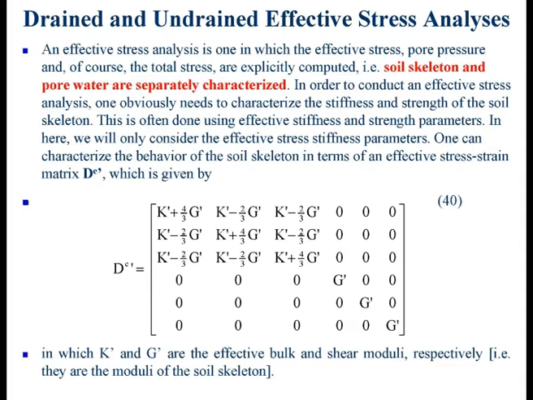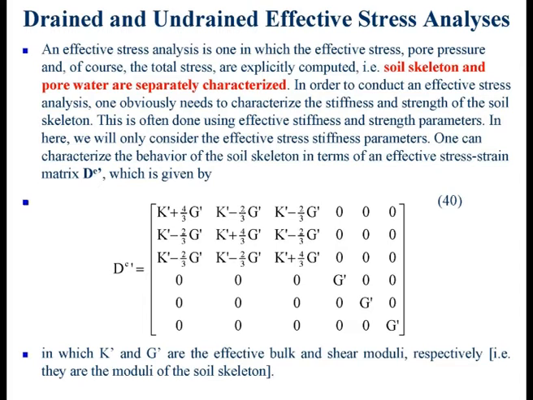And we can characterize the behavior of the soil skeleton in terms of an effective stress-strain matrix, where the effective stress-strain matrix can be written in this form, where K' and G' are the effective stress bulk modulus and the effective stress shear modulus. Is that okay?